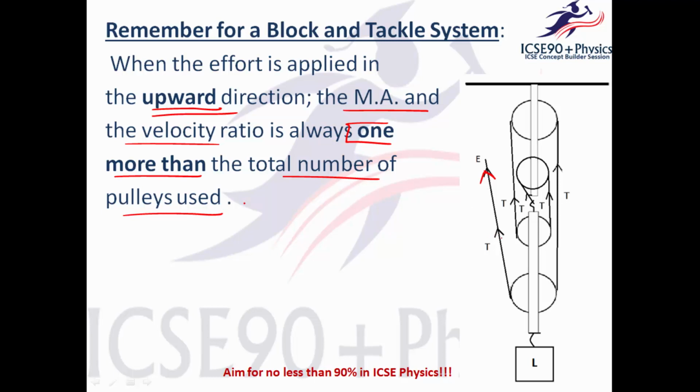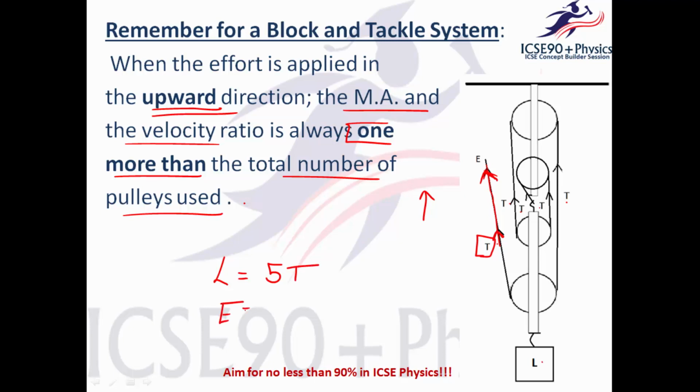Like in this case, the load L is being supported by all the segments of the string. Remember, the effort E and the tension T in this segment both act in the same upward direction. So the tension T is not getting nullified by the effort E. So we can say the load L is equal to 1, 2, 3, 4 and 5, again all 5 portions of the string, right?